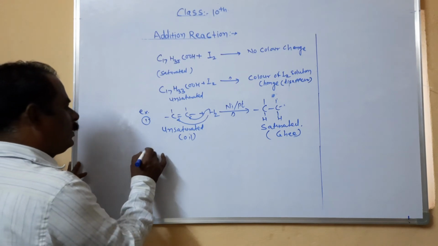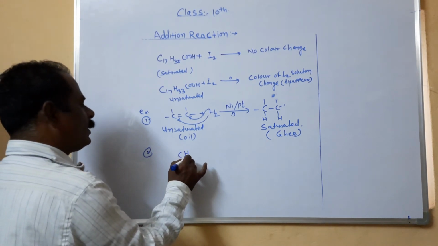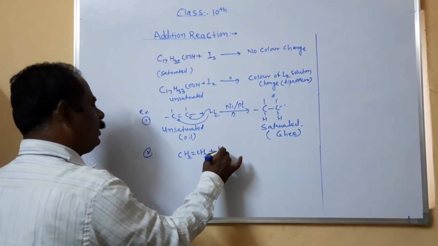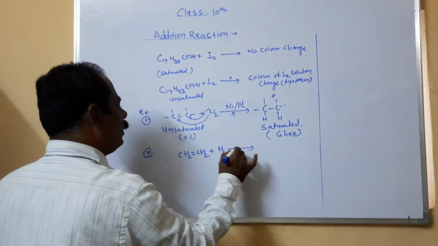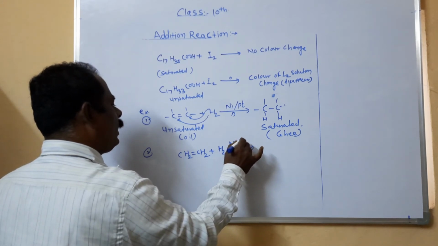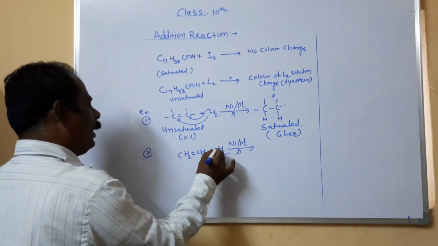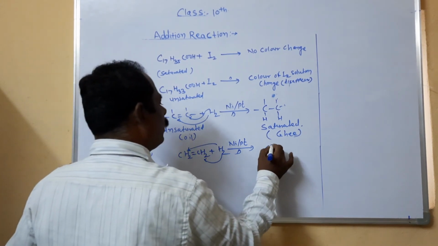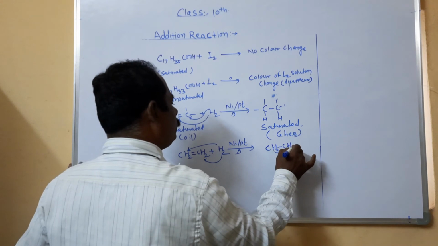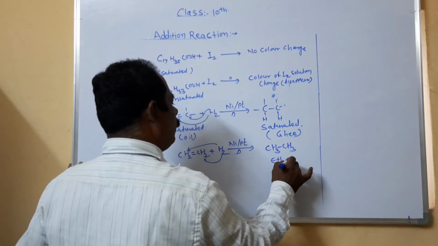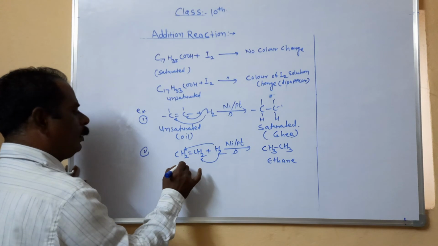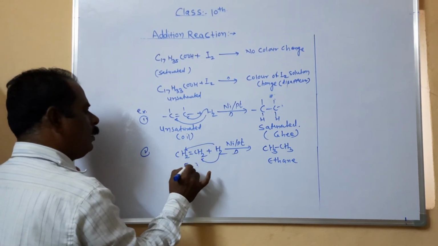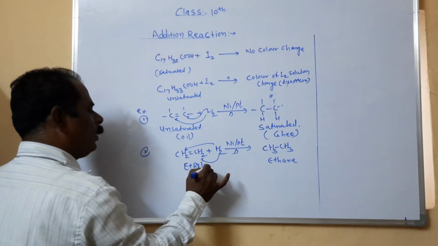Another example is when hydrogen gas is passed through ethylene, or hydrogen reacts with ethylene in the presence of nickel or platinum as a catalyst. One hydrogen atom is added on one carbon atom and the other on the other carbon atom to form ethane. Ethane is an example of saturated hydrocarbon, and ethylene is an example of unsaturated hydrocarbon.